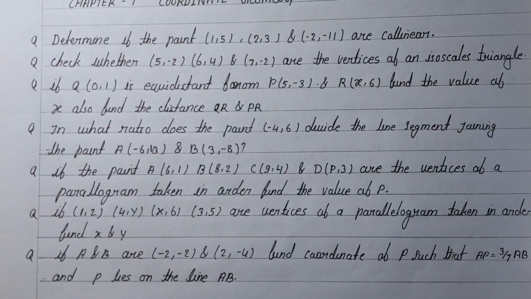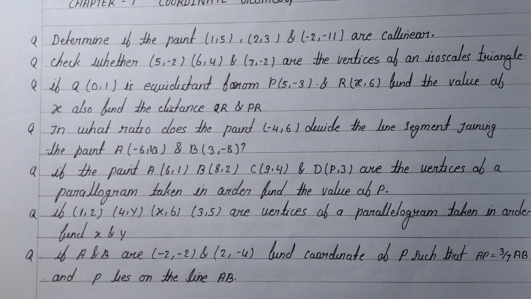Determine if the points (1, 5), (2, 3) and (-2, -11) are collinear. Next, check whether the points (5, -2), (6, 4) and (7, -2) are the vertices of an isosceles triangle.